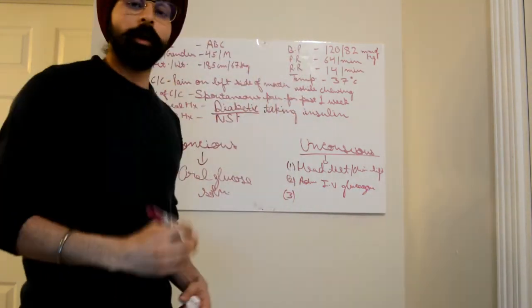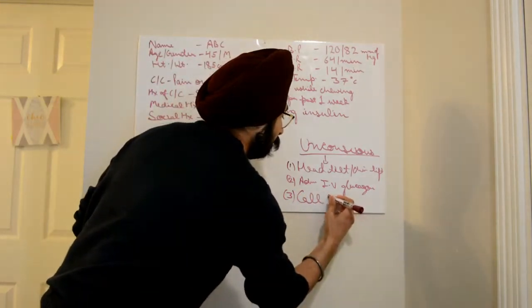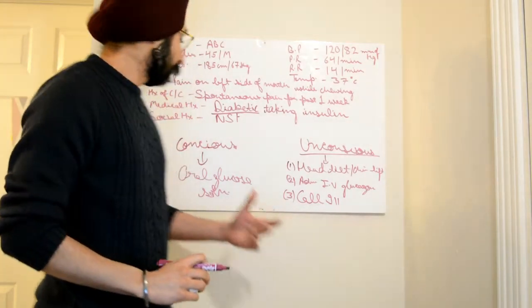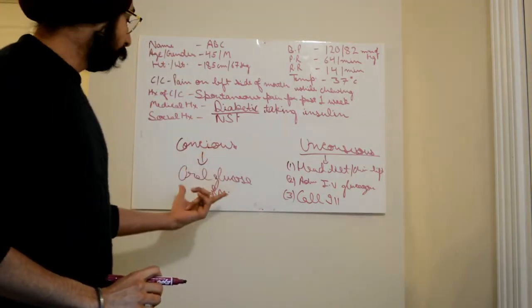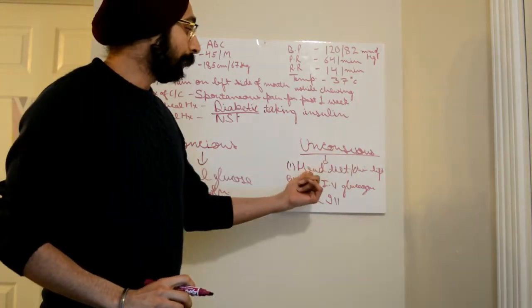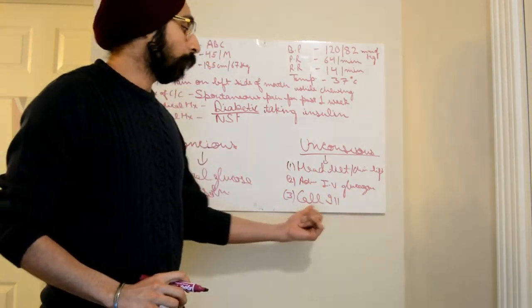Third is call emergency medical services or 911. So guys, now you have seen, in a conscious patient we will just give oral glucose solution. In an unconscious patient, head tilt, chin lift, administer IV glucagon and call 911.